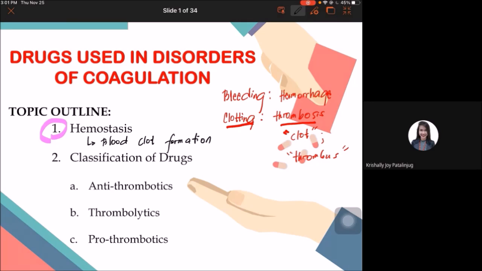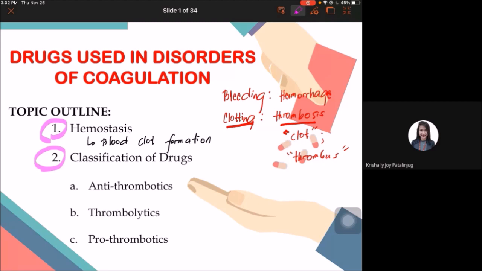For this part of our discussion, we will learn the importance of hemostasis sa katawan, ano yung posibleng mga implications kapag may abnormalities, mga adverse events sa hemostasis process. Then after that, we will proceed with drugs.